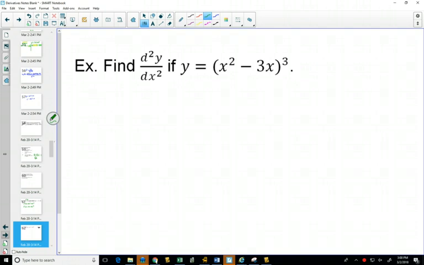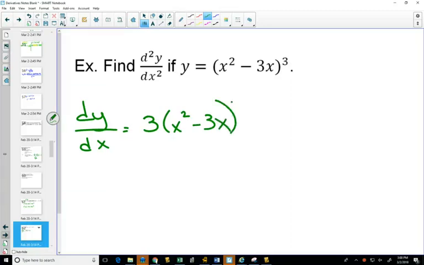So here we want to find the second derivative of this. We're going to do this by first finding our first derivative, dy dx. It's a chain rule. The 3 would come out in front. And then we'd have to multiply by the derivative of the inside.